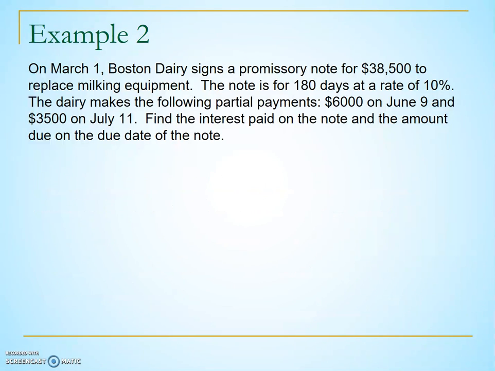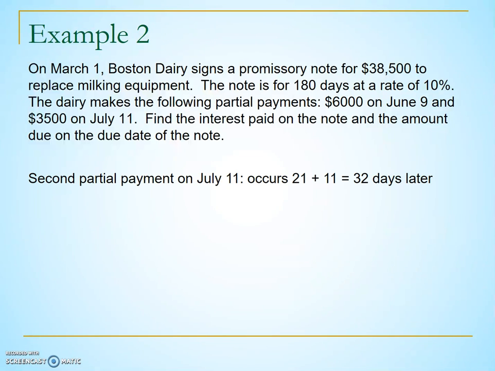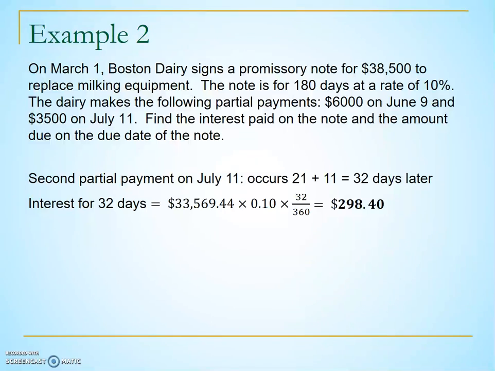We repeat this process for the second partial payment, which occurred 32 days after the first payment. The amount of interest owed during this 32-day period is $33,569.44, the principal still owed on the loan, times 0.10 times 32 over 360, resulting in $298.40 interest owed.